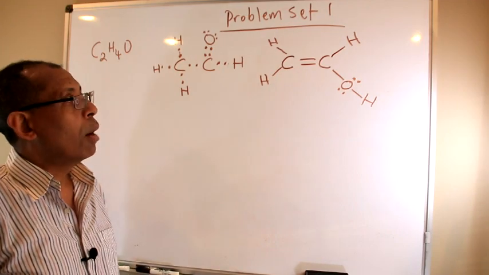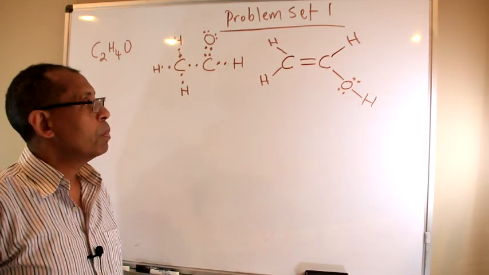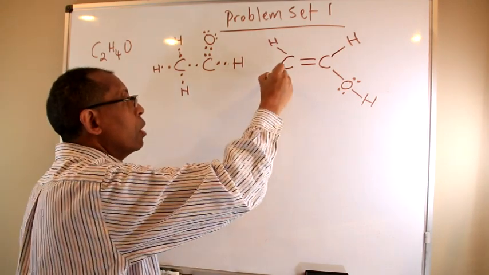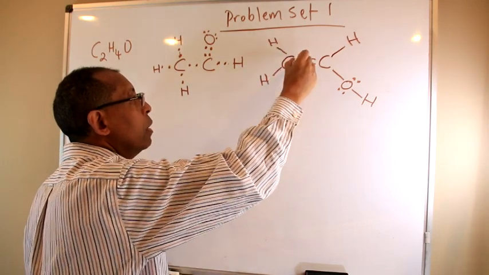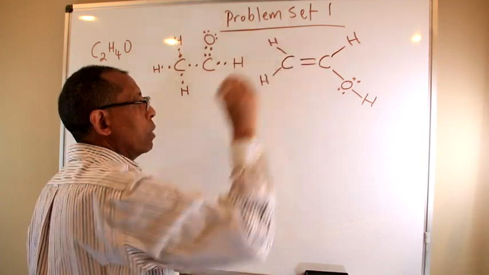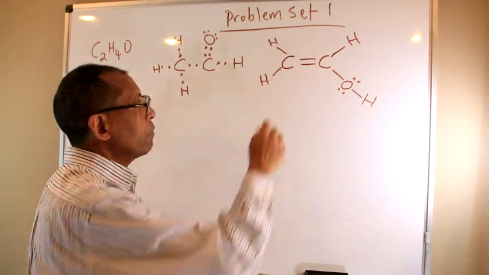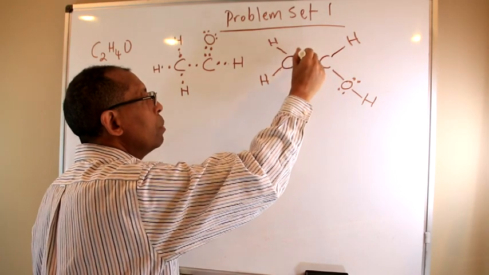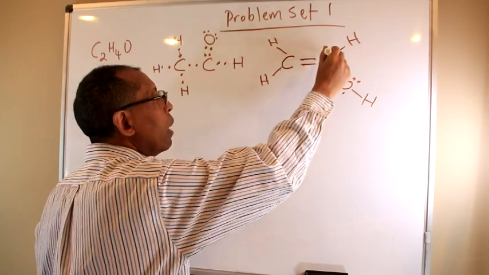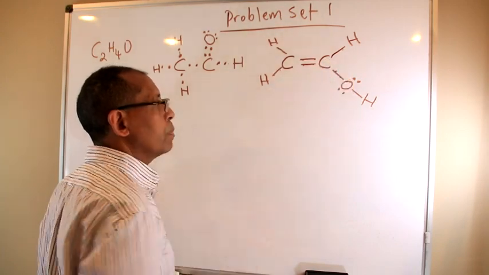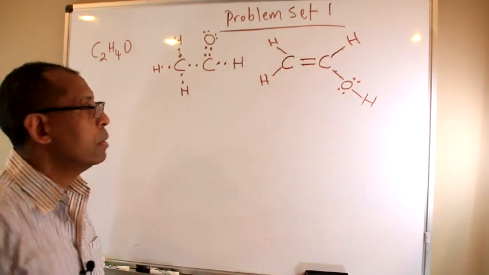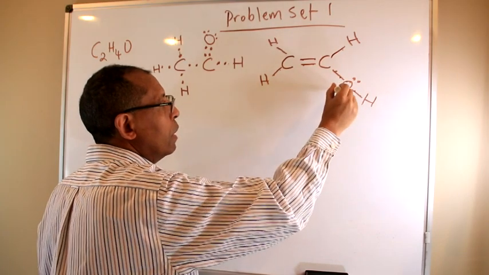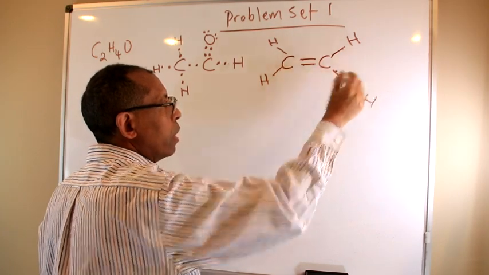So if you just count around each atom, whether its octet rule is satisfied or not, you have 1, 2, 3, 4, 5, 6, 7, 8. That's octet satisfied for this carbon. How about for this carbon? 1, 2, 3, 4, 5, 6, 7, 8. How about oxygen? 1, 2, 3, 4, 5, 6, 7, 8.